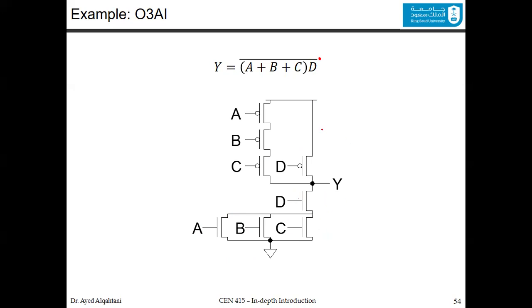Now, in the pull-up network, what was in parallel will be in series, and this part that was in series with this part will now be in parallel. So you can see that the design is fairly easy in CMOS.